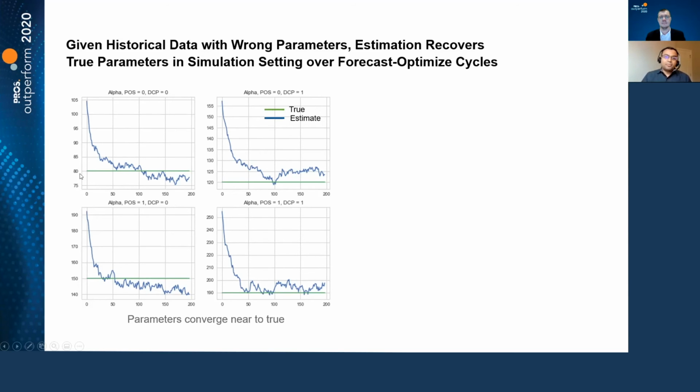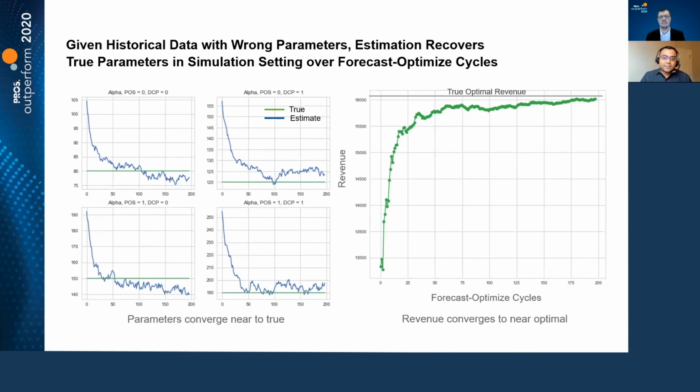So within 50 or so cycles, it is fairly close to the true parameter values. You can see this effect when you are looking at the revenue produced by the system as well. So at the start, when the parameter values were quite off, your revenue produced by the system is naturally far away from the true optimal. But as the system is learning fairly quickly, it converges to true optimal values within 50 iterations or so.